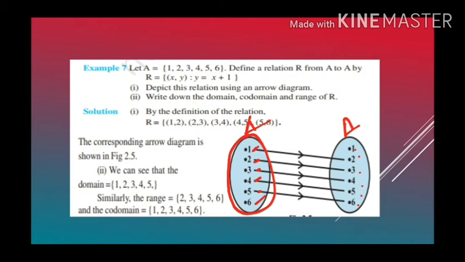Now the second element has to be 1 plus the first element. First element x can be 1, 2, 3, 4, 5, 6, any one of them.